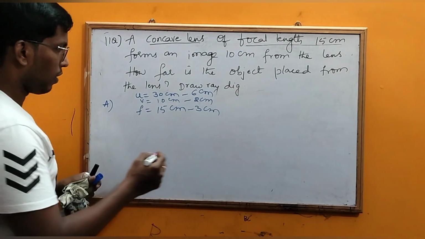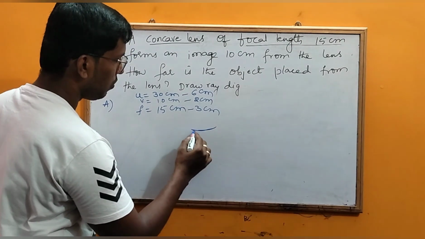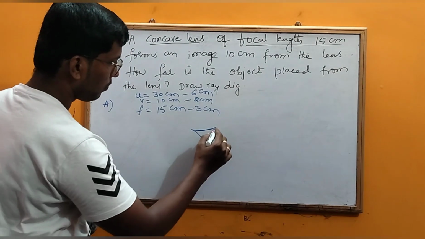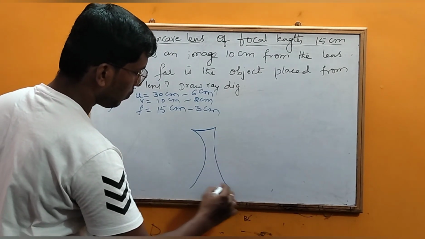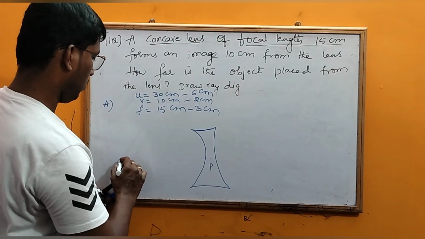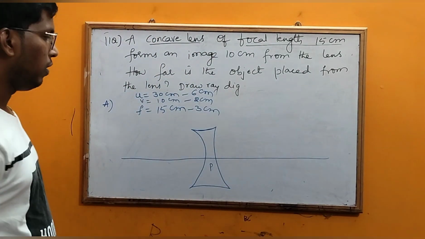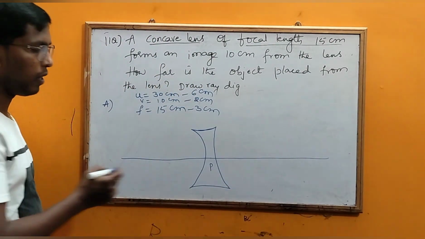First, I'll draw the concave lens. Okay, optic center, principal axis. Fine. Now, where should I place the object?